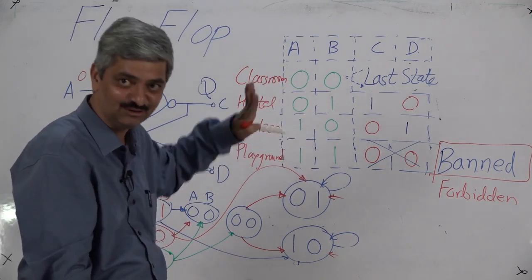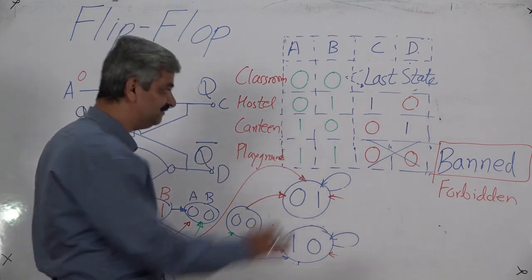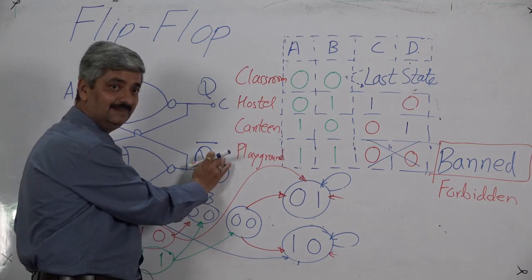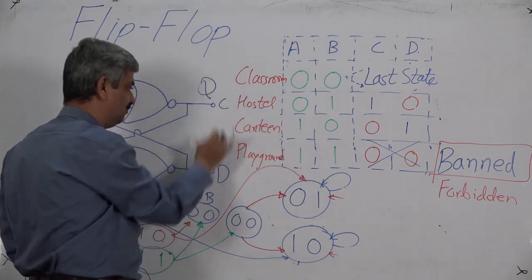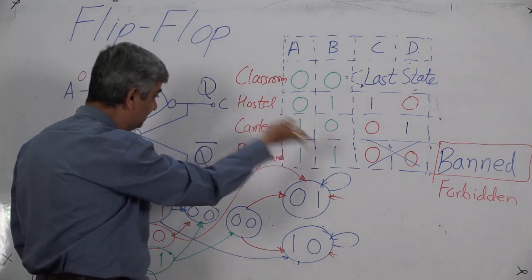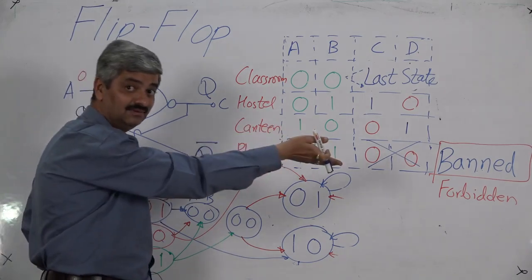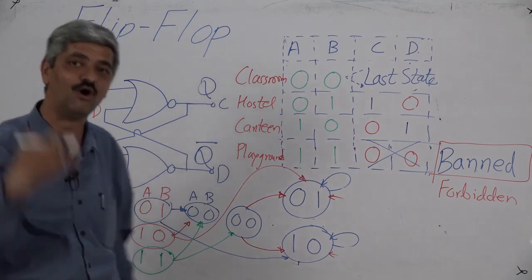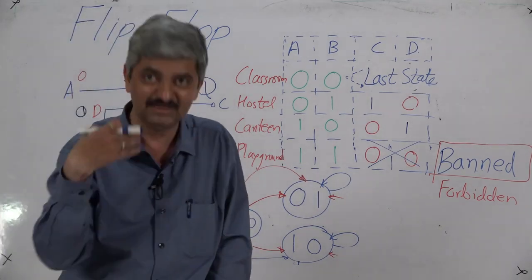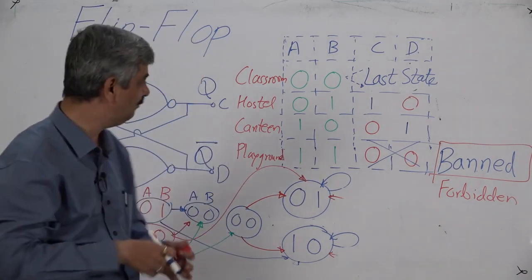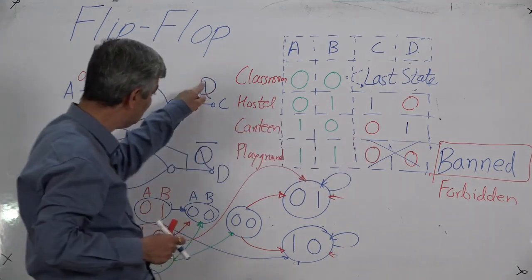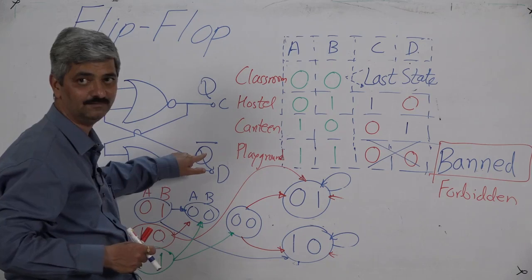So it is just ridiculous logic. If this is a ban state, then we can write Q and Q bar. But if this is an allowed state, then both will become 0. Means Q and Q bar are names given for our simplicity in understanding, and we are not using this state. If this state is not used, then the meanings of Q and Q bar are meaningful.